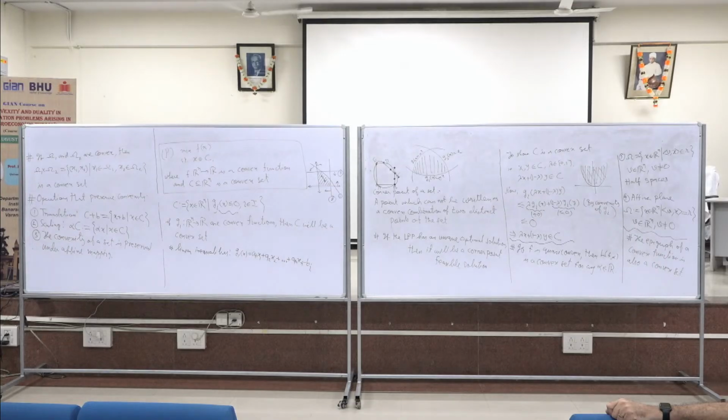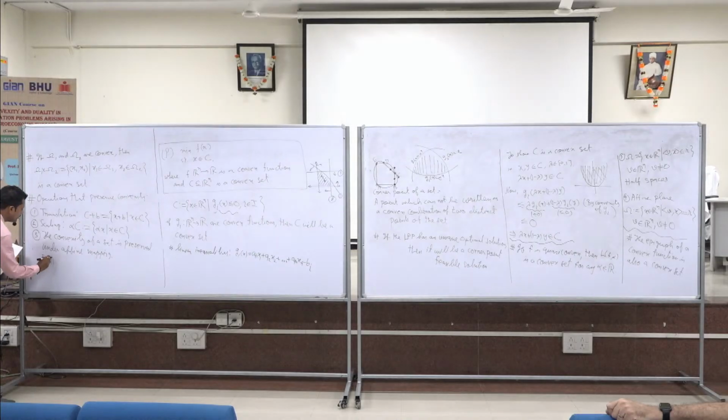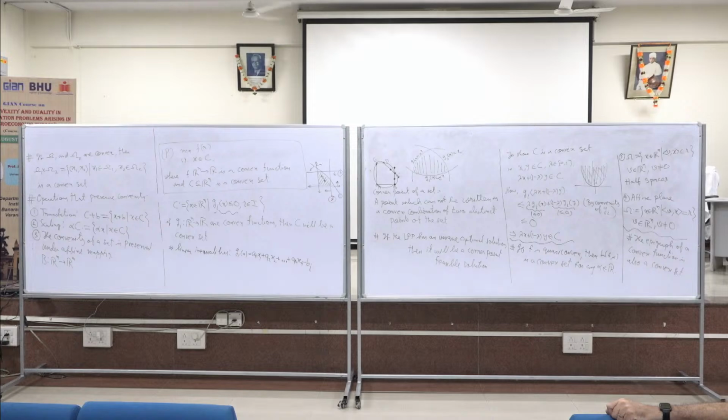So what is an affine mapping? Suppose you have a function B from Rn to Rm. We use a type of affine mapping in linear programming problems also, because we change the dimension of the feasible region when we introduce slack variables or surplus variables.